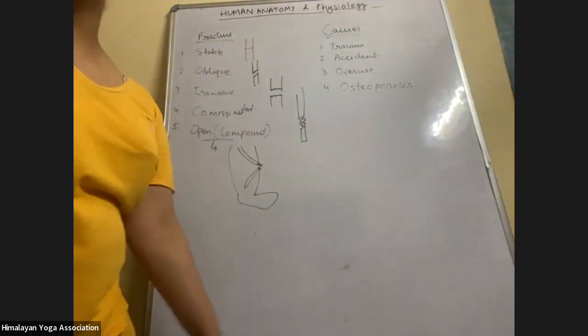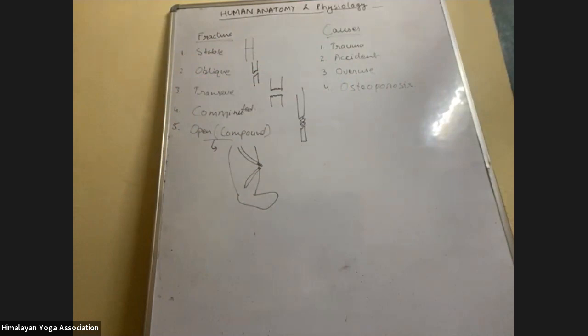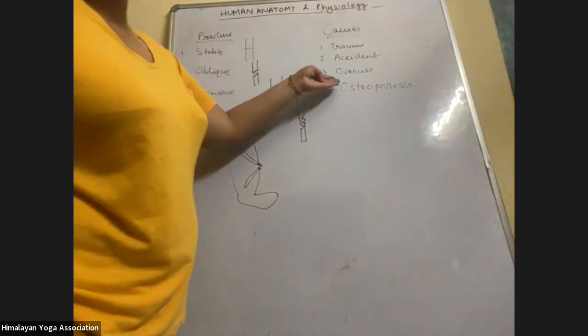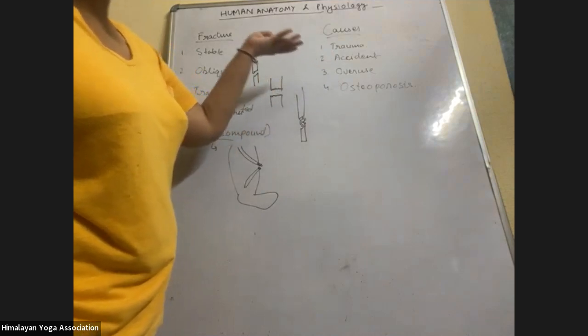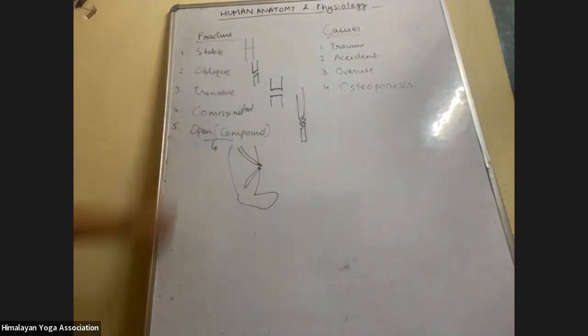What is overuse? Is like some athletes or sports person or even yoga practitioners. When the person is not careful and he is overusing, he's going beyond his limits, then the fracture can happen. This is osteoporosis we have already discussed.